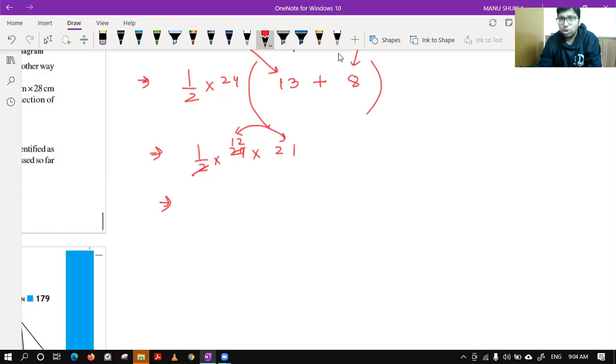You'll get the answer. 12 ones are 12. 12 twos are 24 plus 1 is 25. Is this the correct answer? Please tell. Is this the correct answer? 252 meter square. Okay, so we have found the answer.